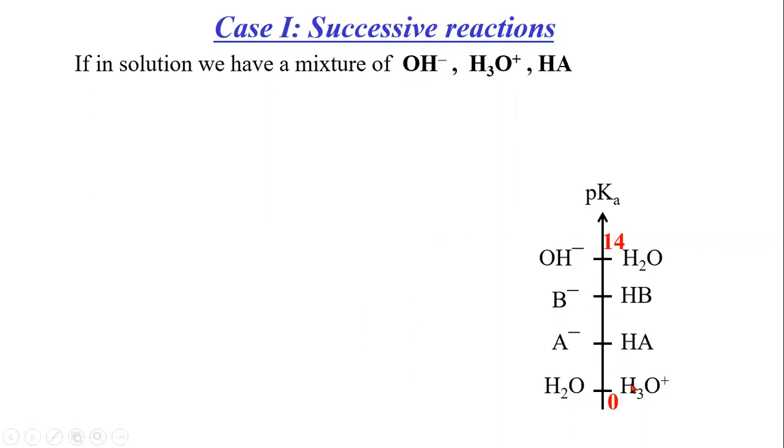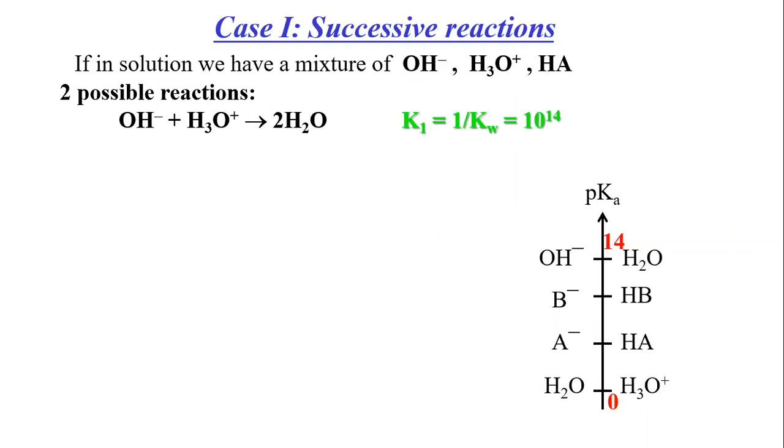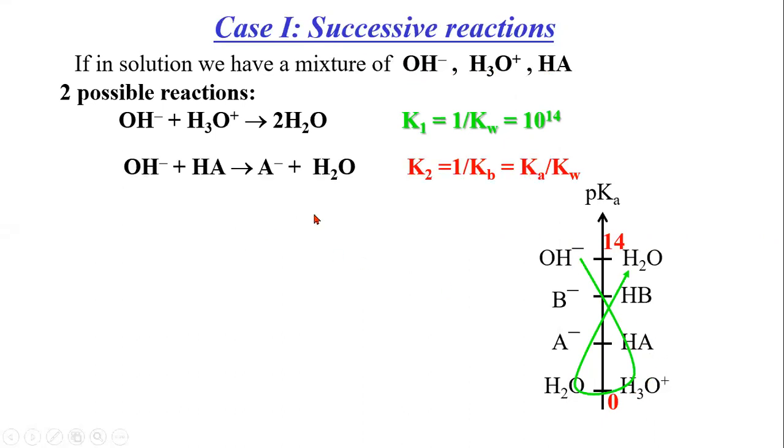Who do you think will react first? Of course, the strongest acid with the strongest base, so it's going to be the OH minus with the H3O plus. And then any leftover OH minus will react with the HA.